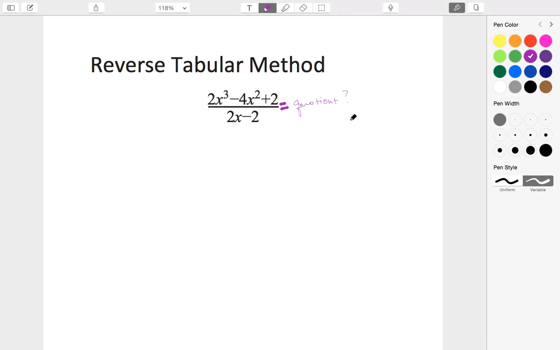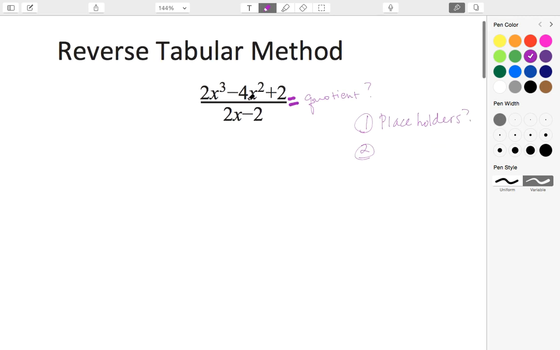So here, step one is to always check for placeholders. So you want to check for placeholders. And you also want to check for if there's a need of rearranging for standard form. So check for standard form.